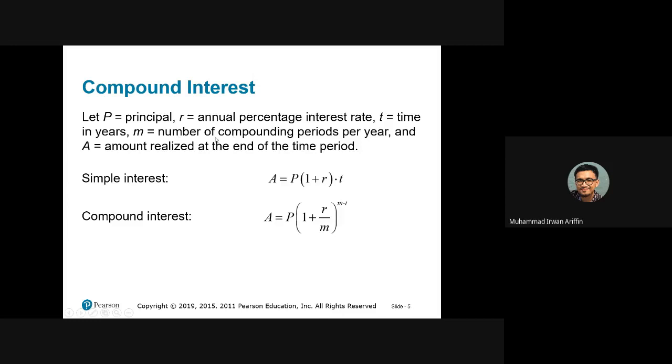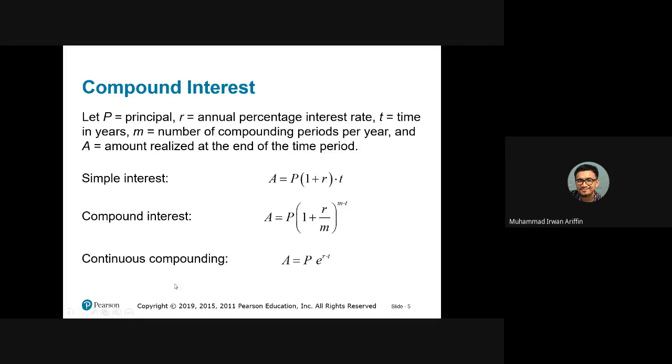Some investments give you the interest periodically. It's compounded per year. It doesn't mean that you only receive it once every year; some investments may give you interest twice a year, four times a year, or every month.